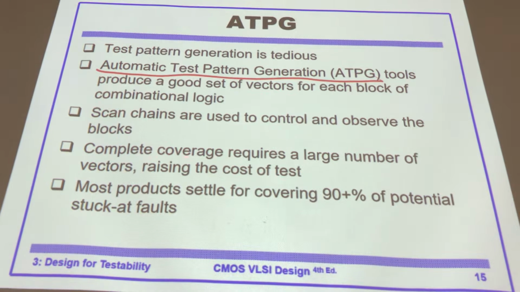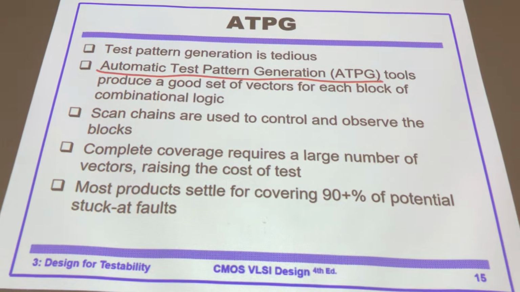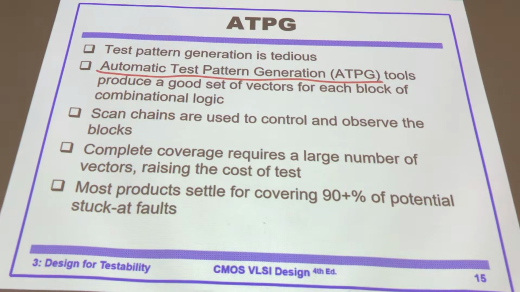So it's not very feasible if you want complete coverage of the testing. Most products settle for covering 90+% of potential stuck-at faults. Okay, you probably need too many test patterns to fully test the chip. That's not practical. It's going to require a large amount of time.